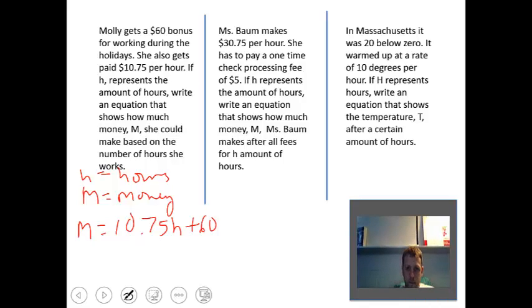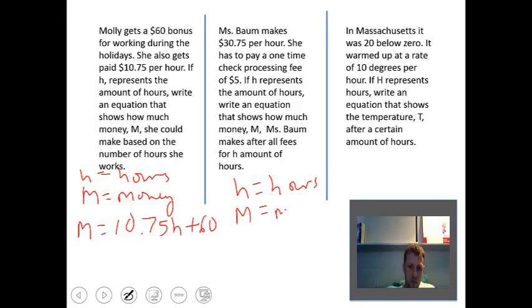It makes sense. Miss Baum makes $30.75 per hour. She has to pay a one-time check processing fee of $5. If H represents the amount of hours, write the equation that shows how much money M Miss Baum makes after all fees for H.